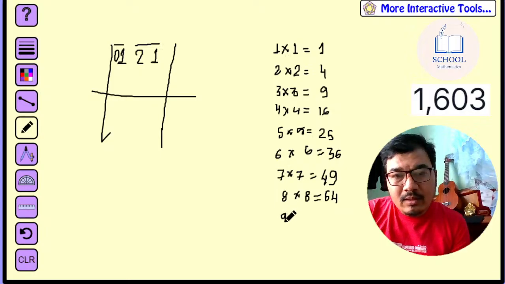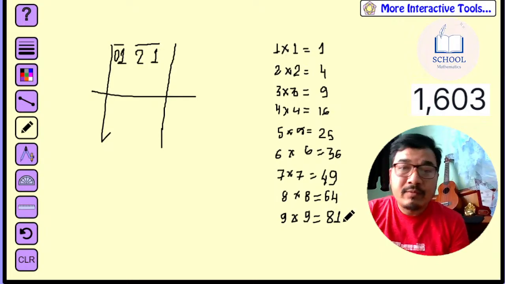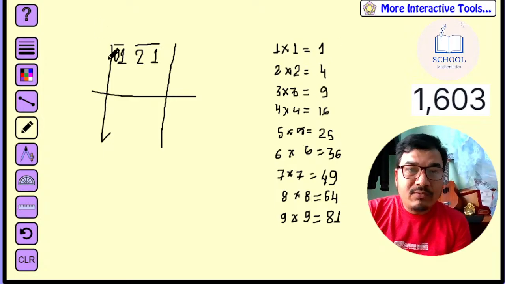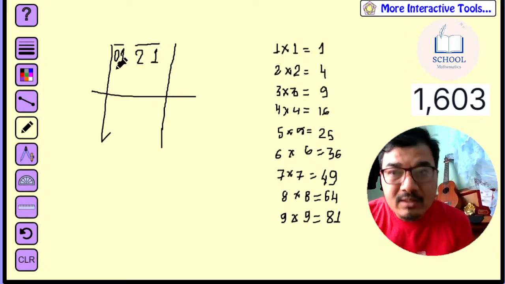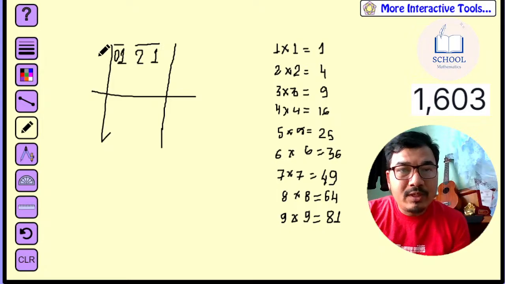And then last 9 multiply by 9. Okay, then it will be 81, right? This multiplication table will be used here, and this is first one, there is 1, right? That's why we have to use here the multiplication table of 1.